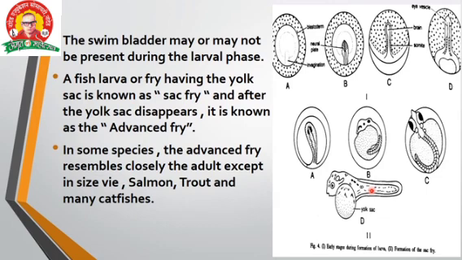In some species, the advanced fry resembles the adult closely except in size, as in salmon, trout, and many catfishes. This is the important point. This is referred to as direct development.